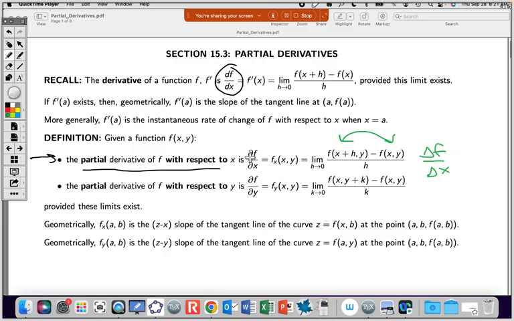So this is the change of the function with respect to x. But we also have y now. And so I can do the same thing for y. I can change the y and look at the rate of change of delta f with respect to y. And so the reason these are called partial derivatives is because they're looking at the rate of change of the function with respect to one variable at a time, treating the other variable as constant.